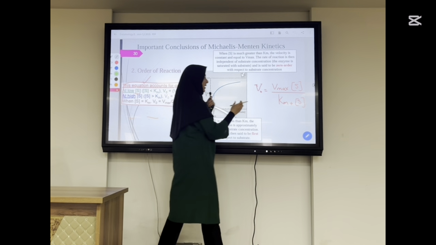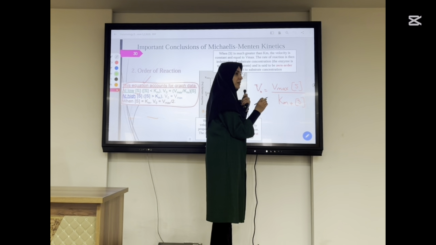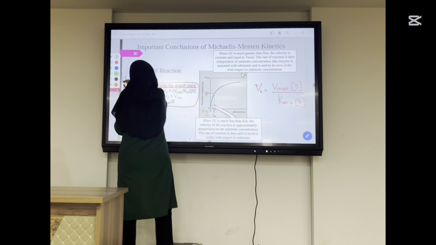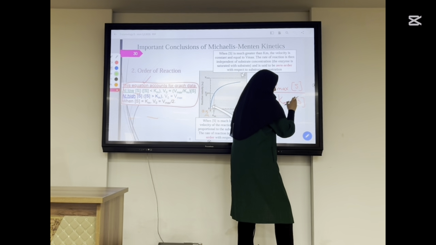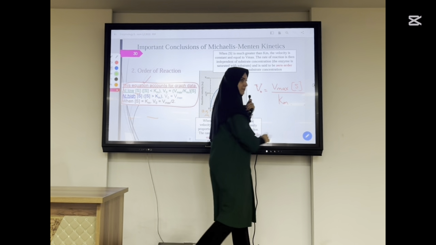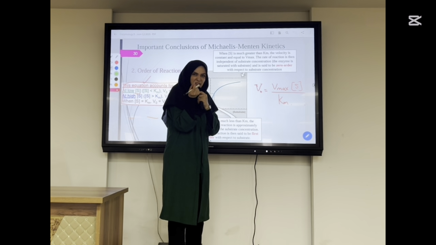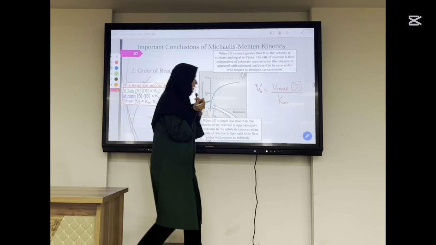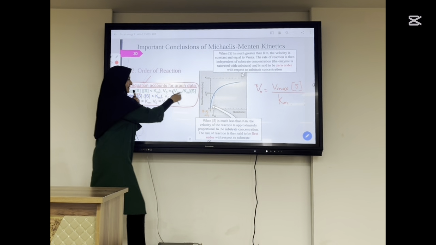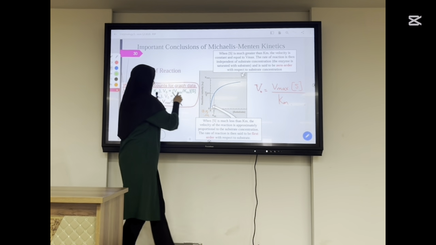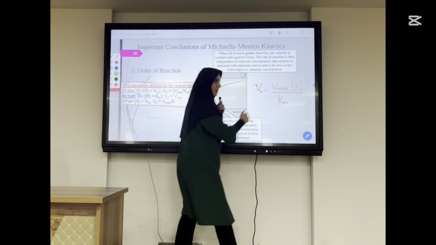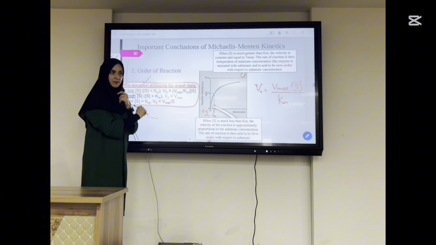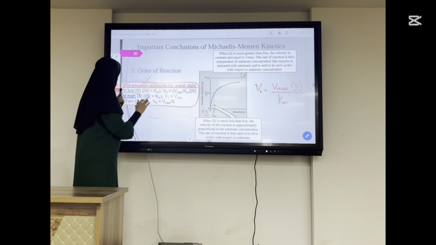Whenever the substrate concentration is very low, I can ignore it in the denominator. Do you understand? Because it's very small. So V0 equals Vmax over Km plus substrate, times substrate. Do you understand?